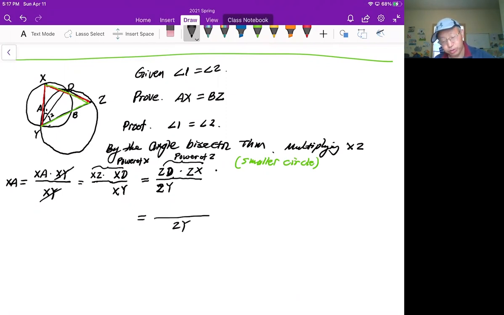I have another way to write down the power of the point z. That's zb times zy. Magically, zy cancels with the zy. That is zb, and then I'm done. It's a very, very nice proof. But it's very hard because you have to be very familiar with the power of a point.